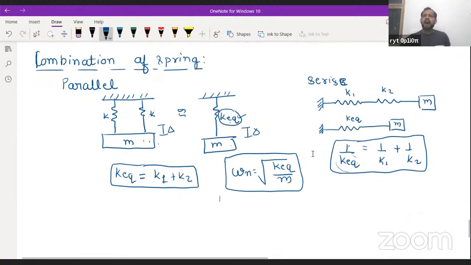Now, how will you identify springs in series? Keep in mind what I am telling.